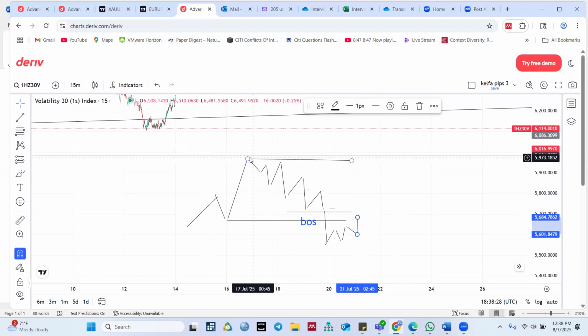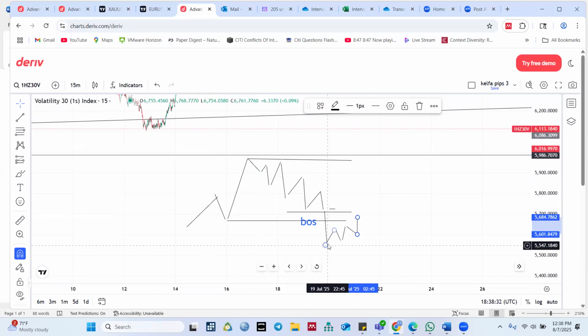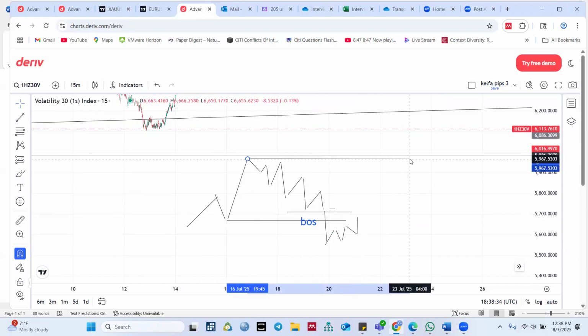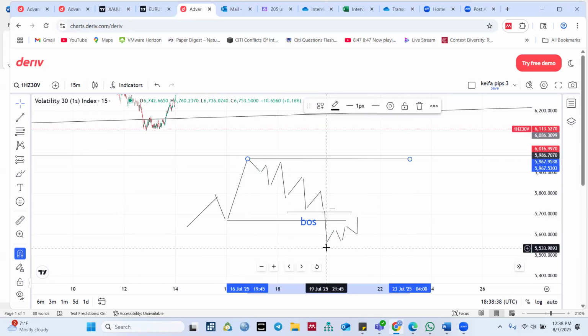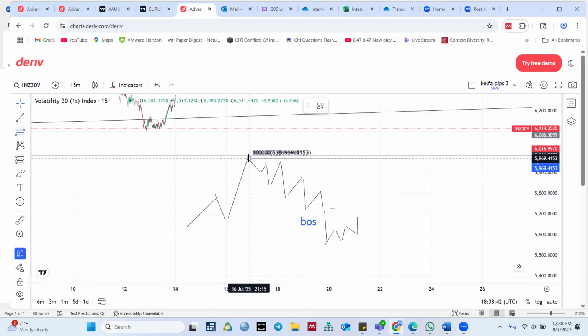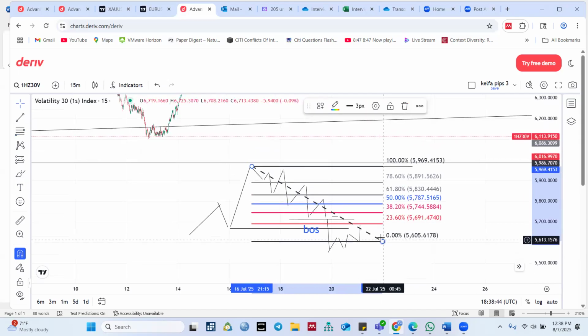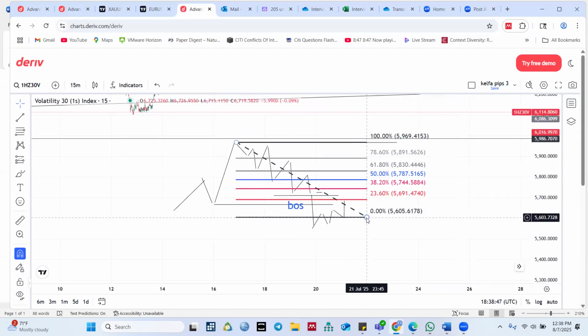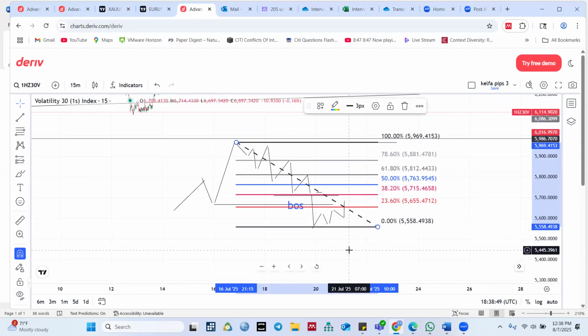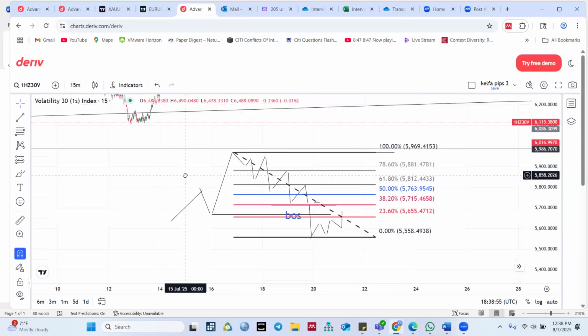What was the last high that gave us this low? The last high was up here. So that high and this low becomes your new bearish range, like this.